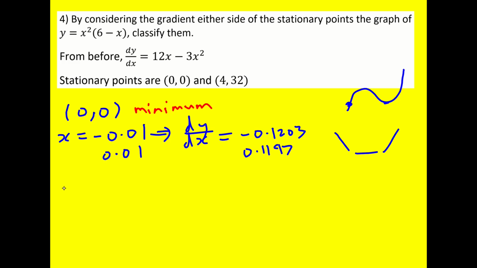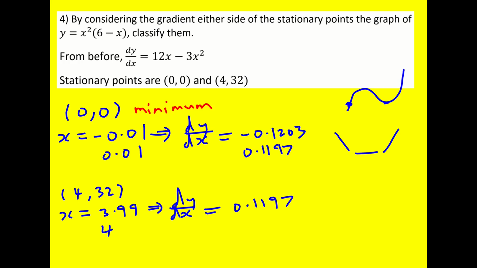Let's try the other one. We've got 4 and 32. So let's look at x is equal to 3.99. Okay, and I actually get 0.1197.